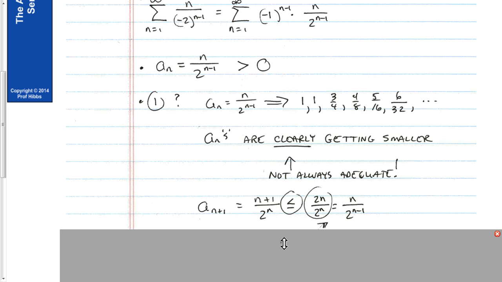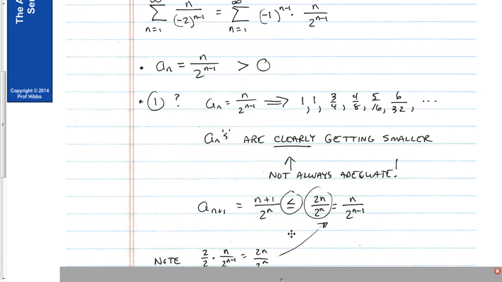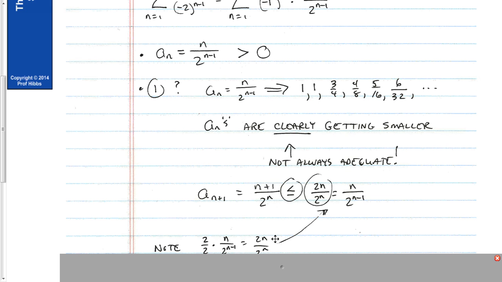Now, we could be a little more precise here, maybe. Let's look at this. A sub n plus 1 is n plus 1 over 2 to the n. And maybe we could tell that 2 times n is always going to be bigger than n plus 1.